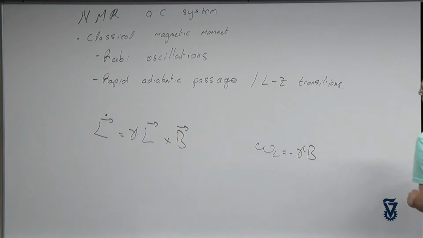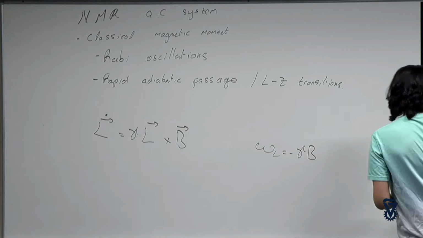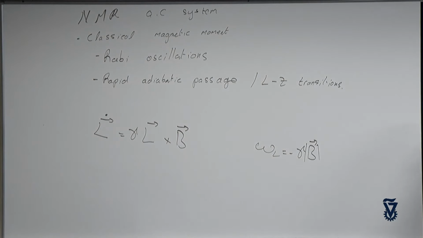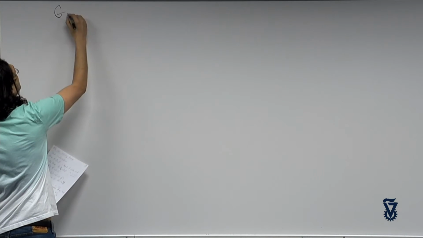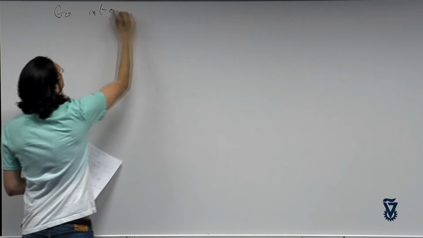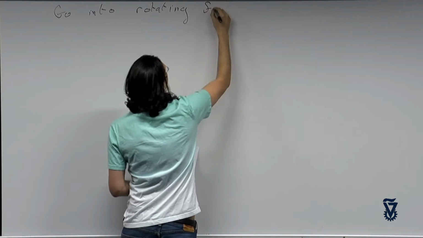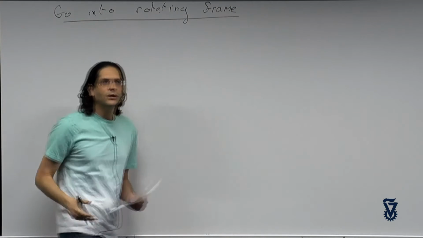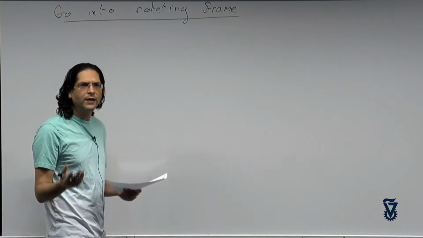Now we apply this field, a DC field B, and we're going to go into the rotating frame of this magnetic moment.